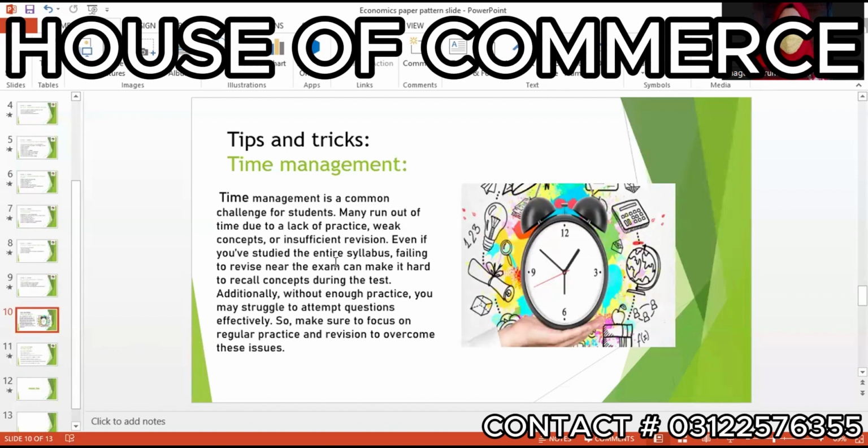Many run out of time due to lack of practice, weak concepts, or insufficient revision. Even if you study the entire syllabus, failing to revise near the exam can make it hard to recall the concepts during the exam. Additionally, without enough practice, you may struggle to attempt questions effectively. So make sure to focus on regular practice and revision to overcome these issues.